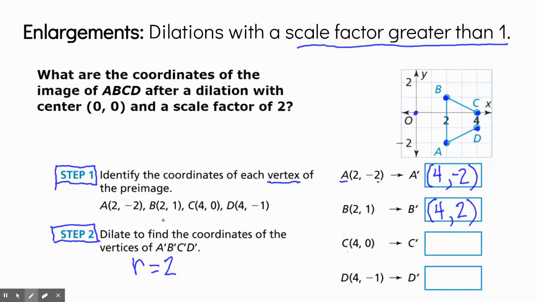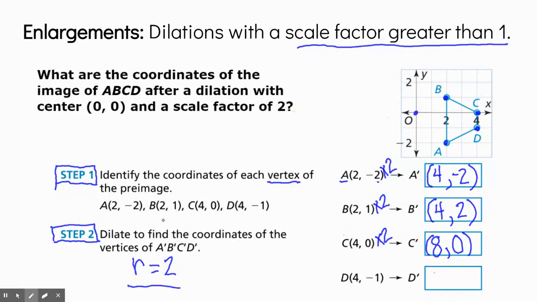Look at our coordinate for C. Multiply it by 2, which is our scale factor r. 4 times 2 is 8. And 0 times 2 is 0. Please don't get confused when you're multiplying that 0. That will still be along that x-axis, our C prime.